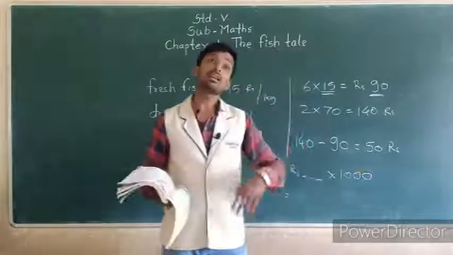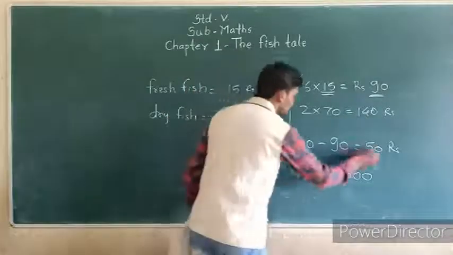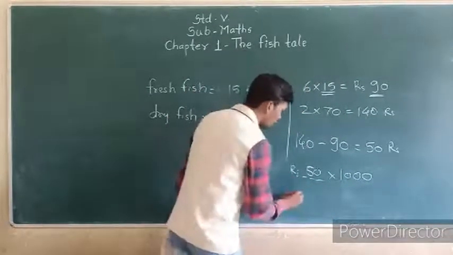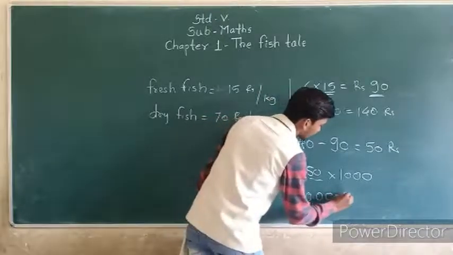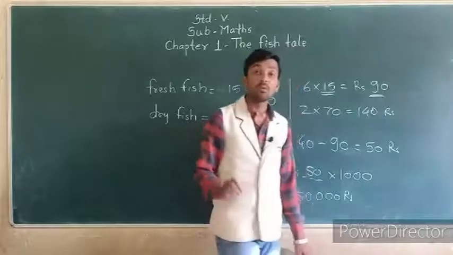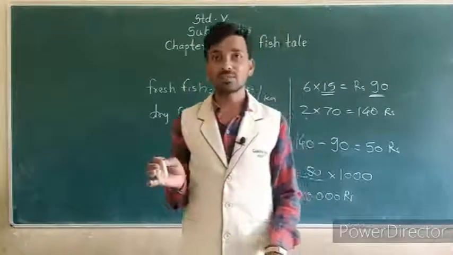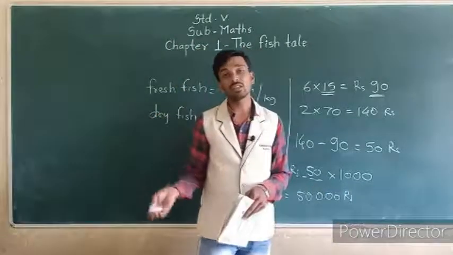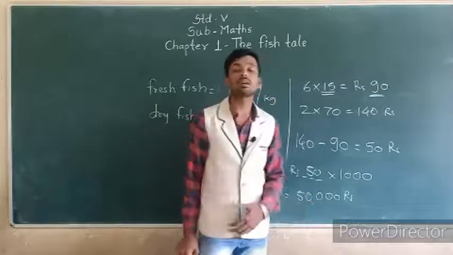And for 6,000 kg, we multiply this 50 by 1000. So your answer is 50,000 rupees. When they buy 6,000 kg fresh fish, and then dry that fish and sell it, they can earn 50,000 rupees.